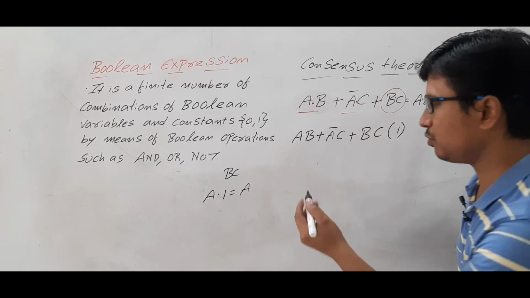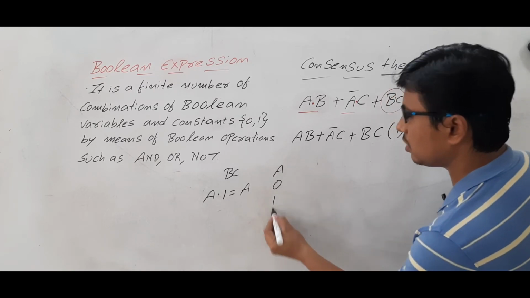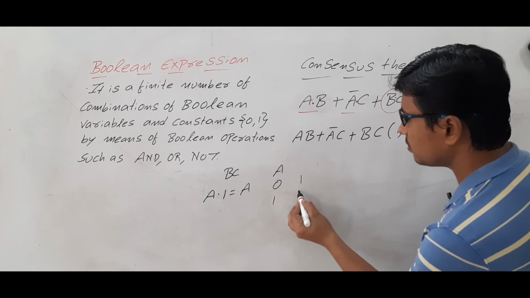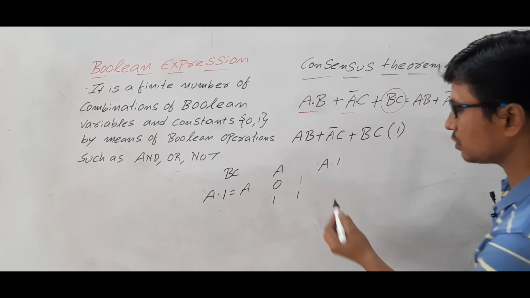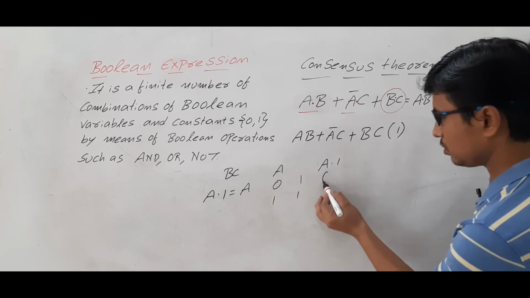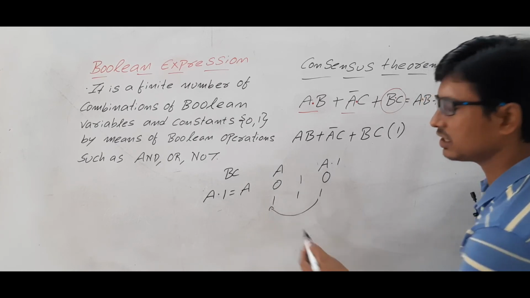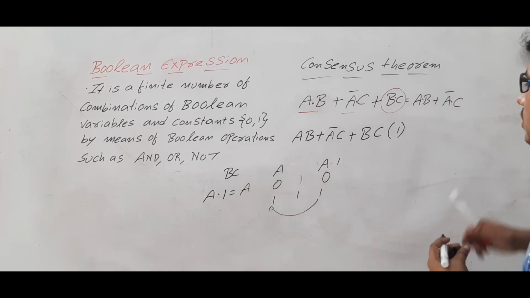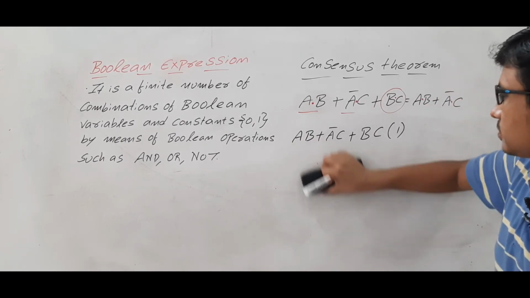If you want to prove it, you have A which can be 0 or 1, and the other input will always be 1. A and 1 is equal to what? 0 and 1 is 0. 1 and 1 is equal to 1. So it is equal to the given input A. So BC and 1 is equal to BC.